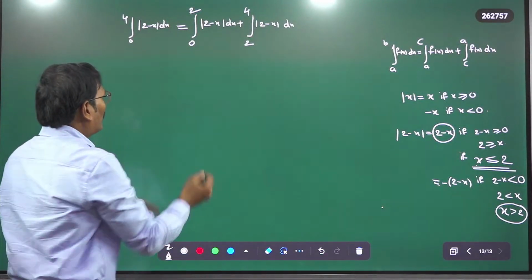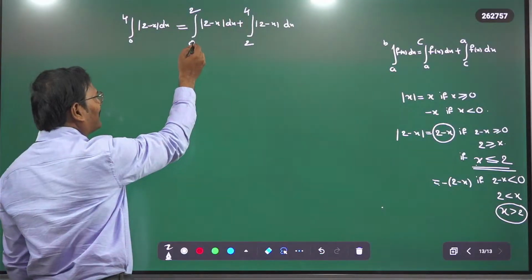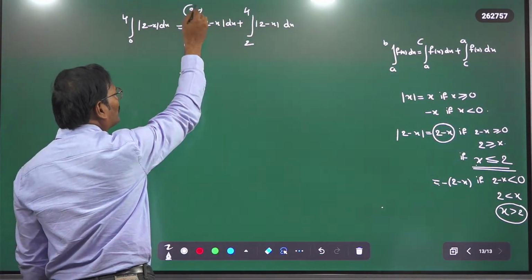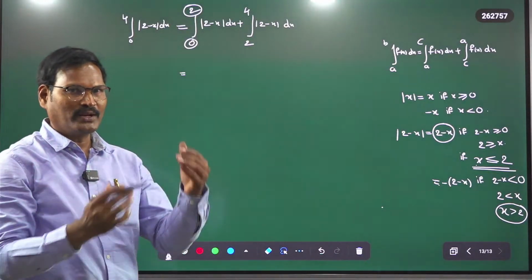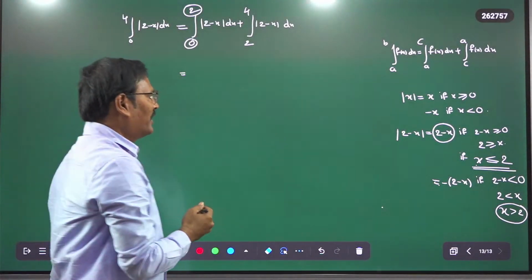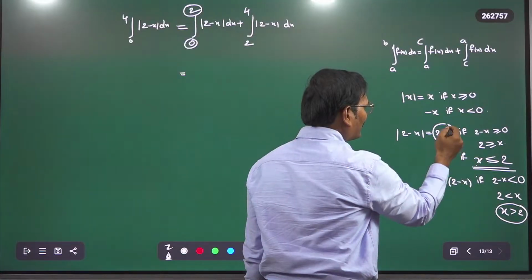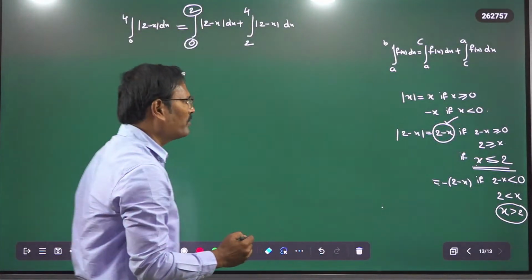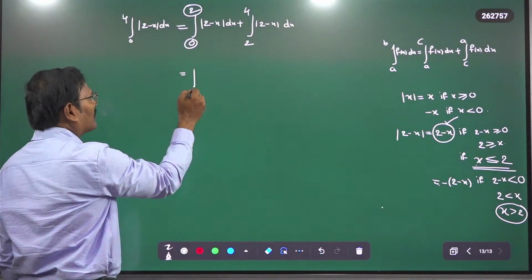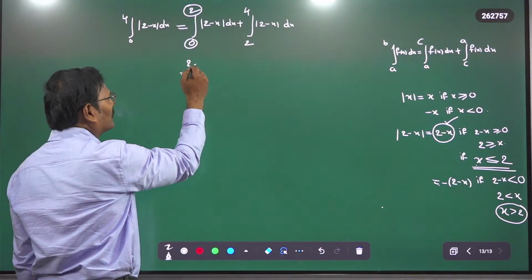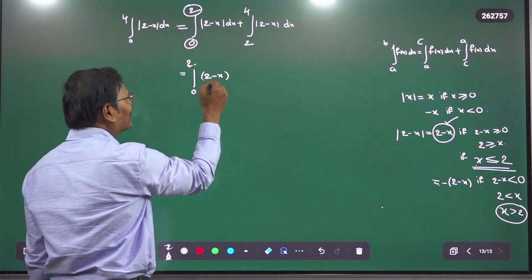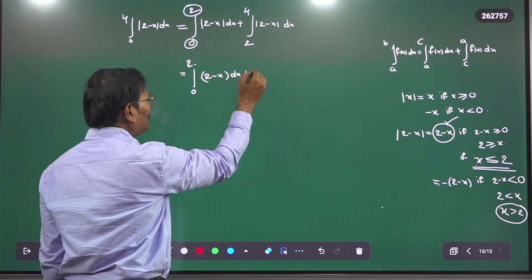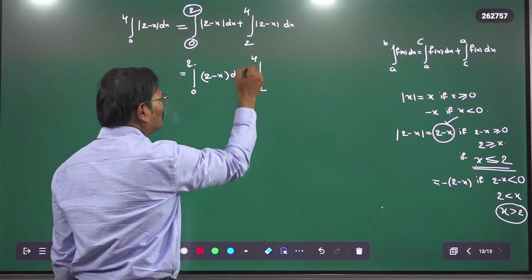Okay. Now, here the x limits are 0 to 2, so x value lies between 0 and 2. That means less than 2. X less than 2 means the function value is 2 minus x. Integral 0 to 2 of 2 minus x dx plus integral 2 to 4.